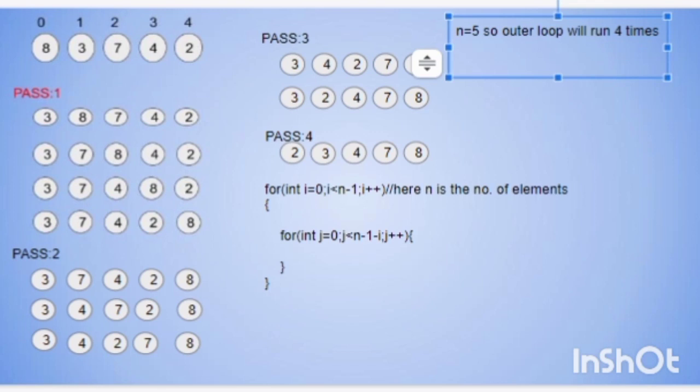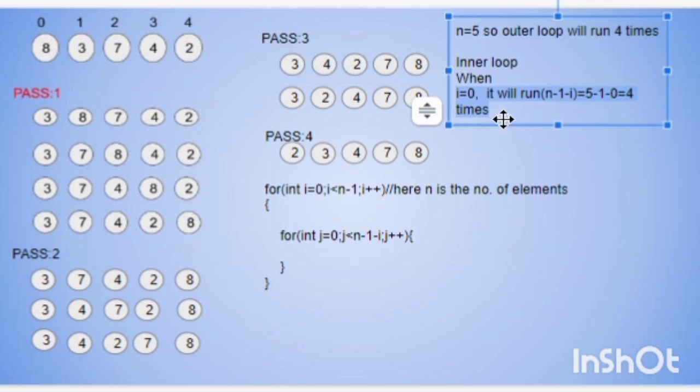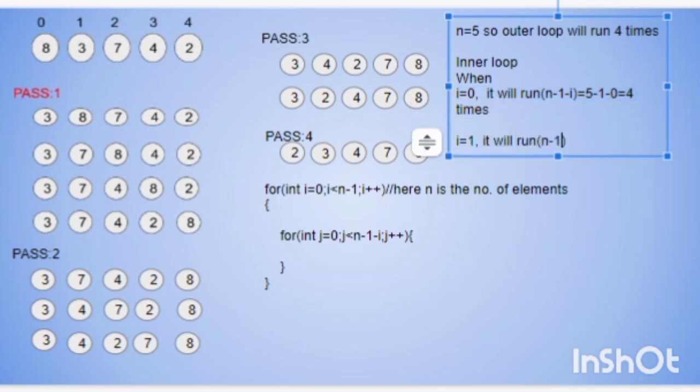Okay, so let's check it. n is equal to 5, so the outer loop will run 4 times. Okay, inner loop, when i is equal to 0, it will run n minus 1 minus i, which means 5 minus 1 minus 0 is equal to 4 times. So in the first pass, 4 comparisons are made. When i is equal to 1, it will run n minus 1 minus i, which means 5 minus 1 minus 1, it is 3 times. So in the second pass there are 3 comparisons.